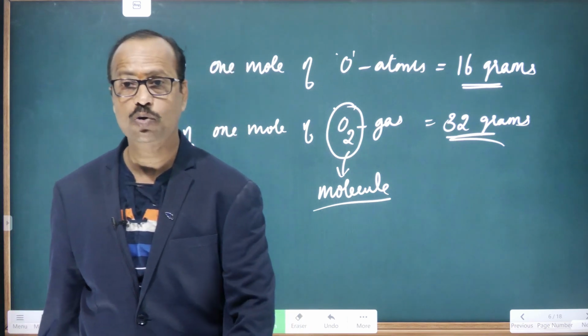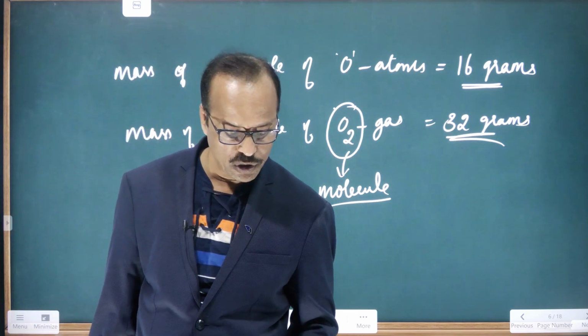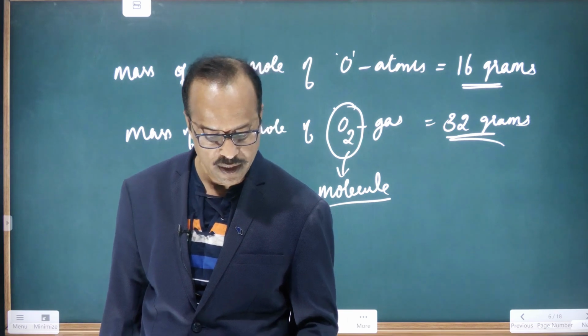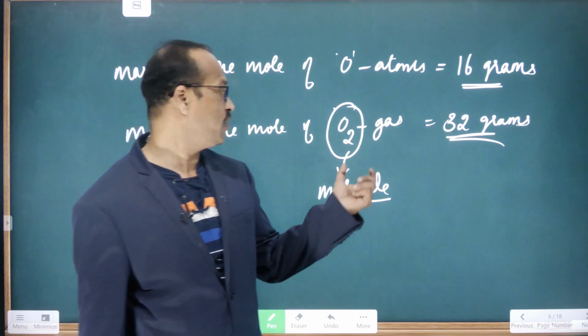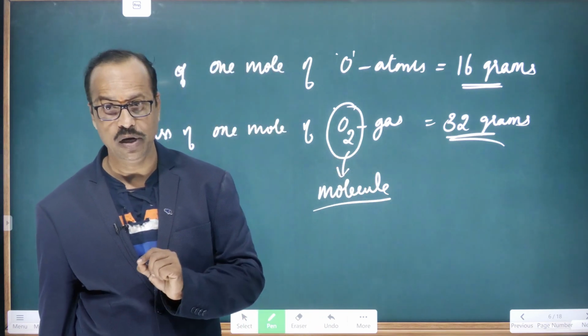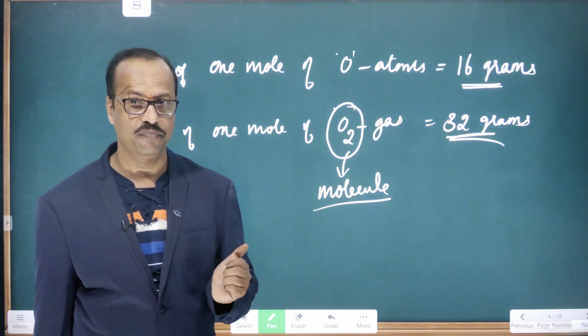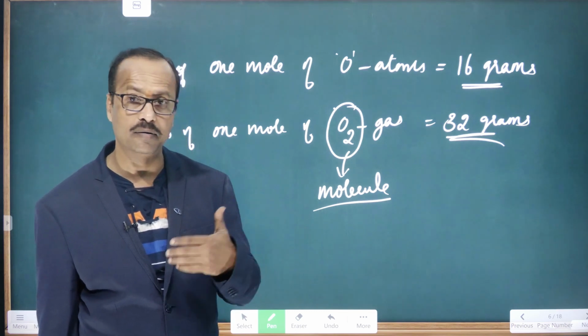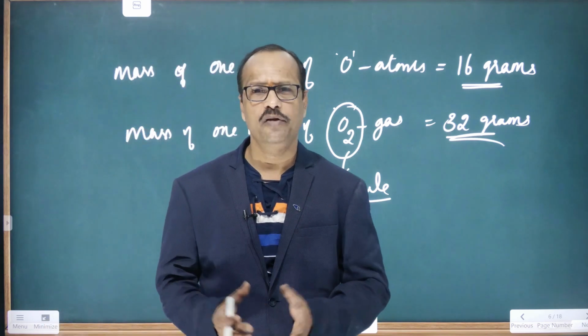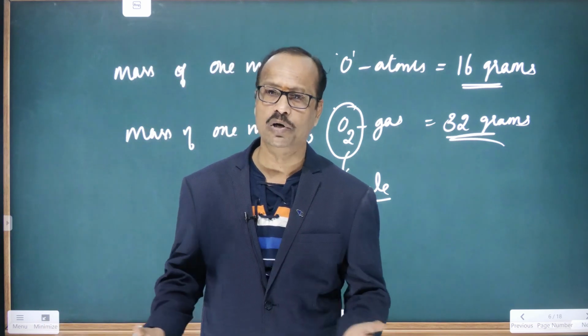So, this is called gram molecular weight. If you are expressing the mass of a molecule in terms of grams, then that's called gram molecular weight. If you are simply expressing it, then that's called molecular weight.